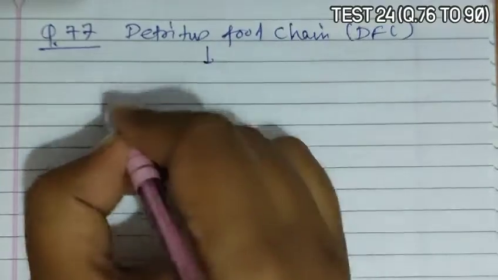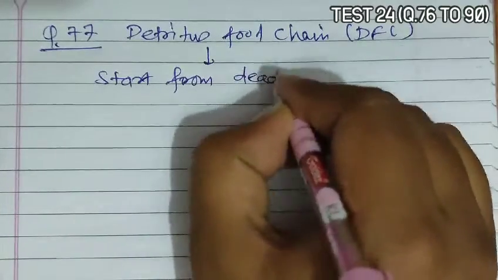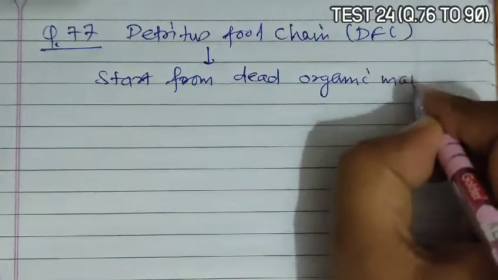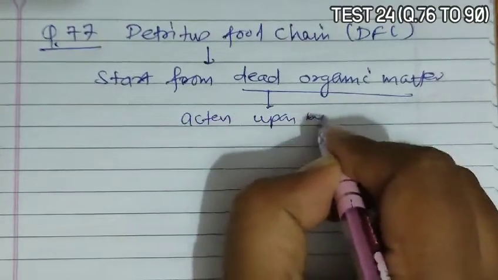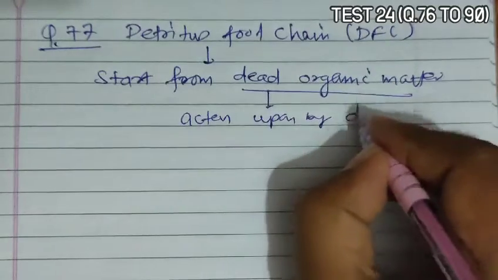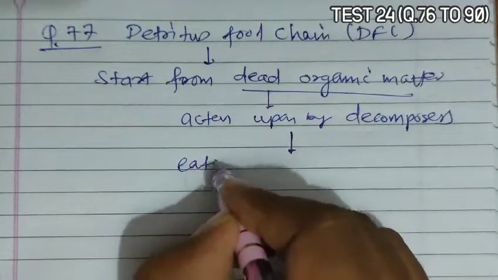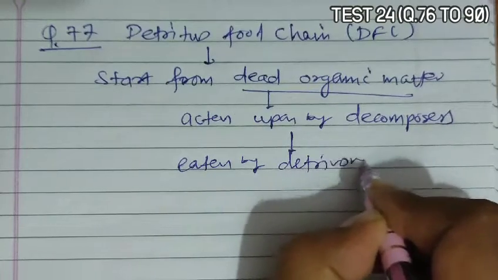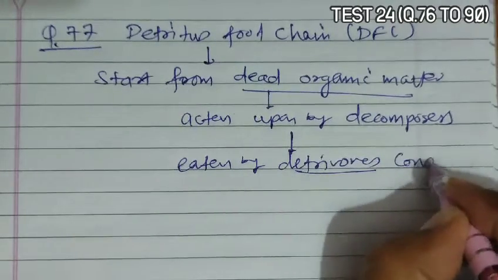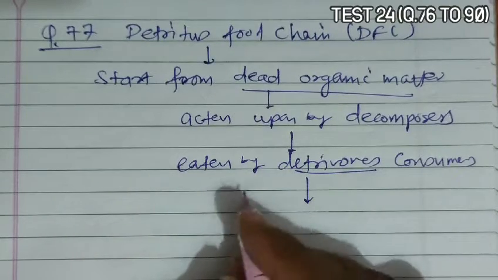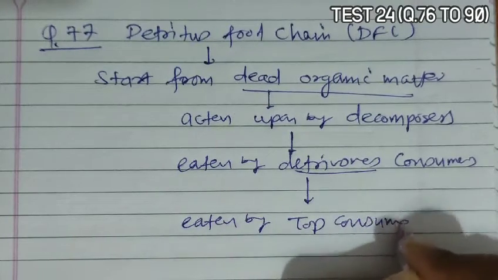It starts from dead organic matter, and this dead organic matter is acted upon by decomposers, which in turn are eaten by detritivore consumers like earthworm and termites, and those are in turn eaten by top consumers.